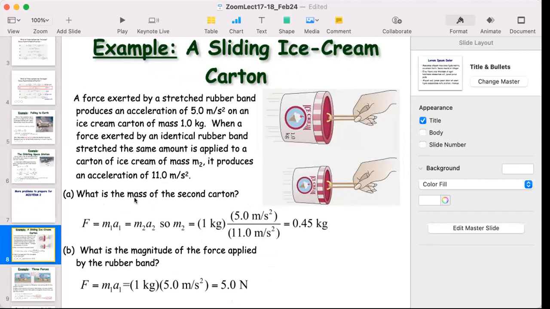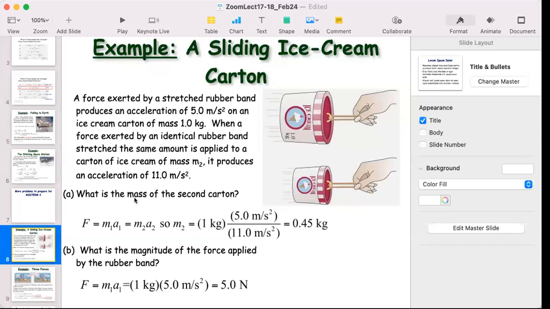When a force exerted by an identical rubber band stretched the same amount is applied to the carton of ice cream of mass m2, it produces an acceleration of 11 meters per second squared. What is the mass of the second carton?